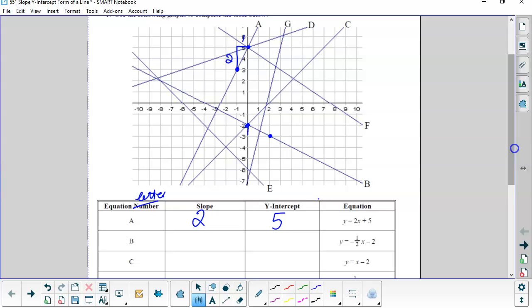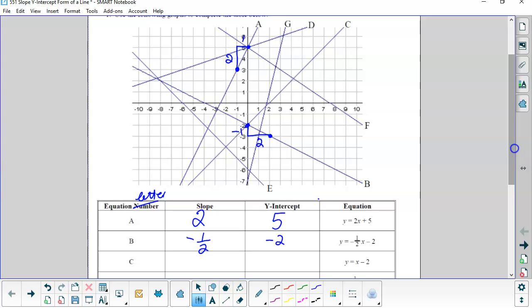So now down and to the right. Down 1 to the right 2, so that's negative 1/2. And where does it cross on the y-axis? At negative 2. So negative 1/2 x minus 2. Okay, slope and y-intercept.